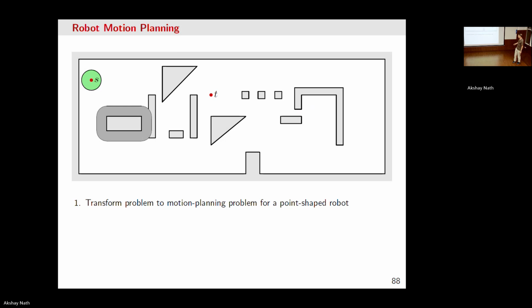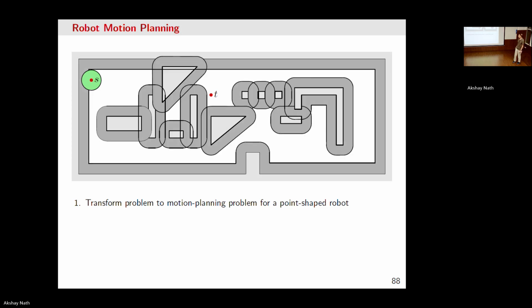So for this obstacle, for instance, as long as the center is outside this shape, I'm fine. So I take all these expanded obstacles, and now the question is, from this point here, is there a path that avoids all these expanded things and ends up at my target location?